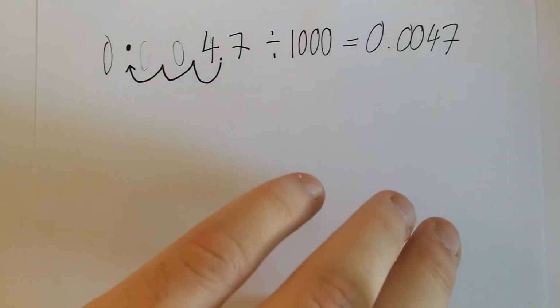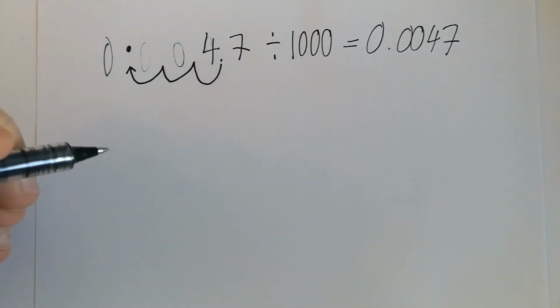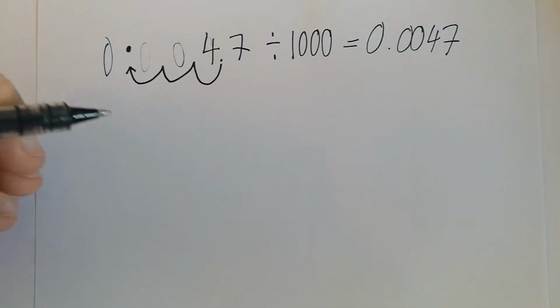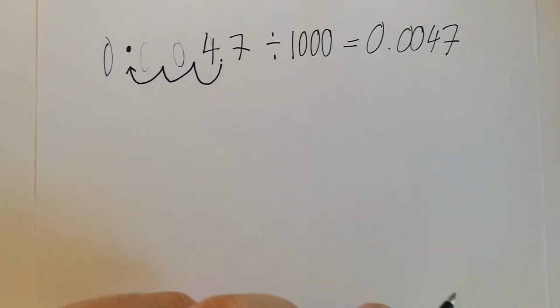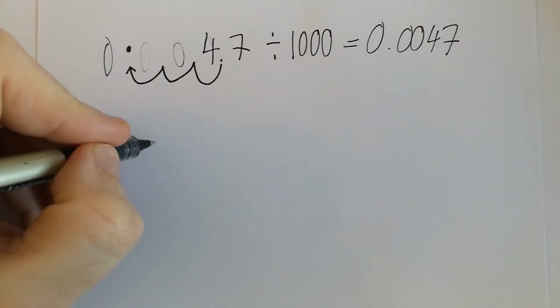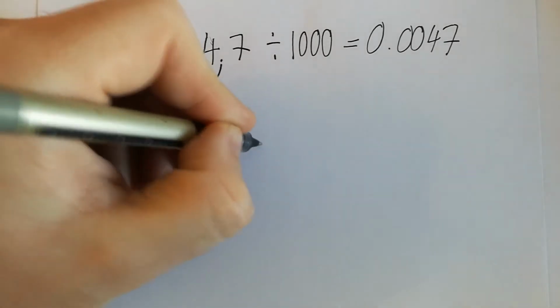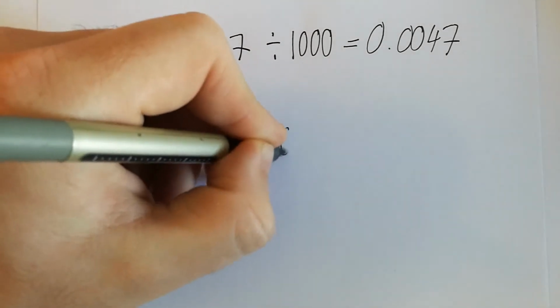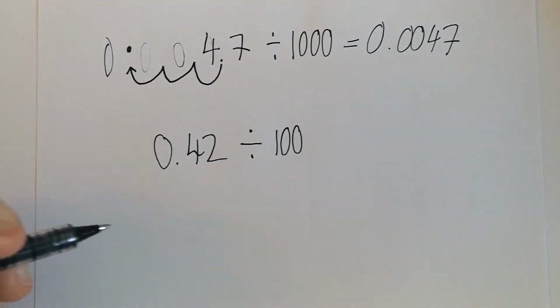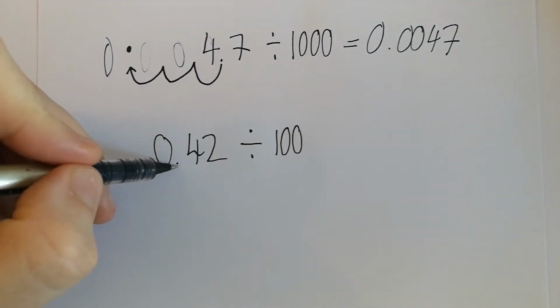Let's have one last go at divides, and I'm going to move on to looking at timesing, which is the same really. It's just moving in the opposite direction. So let's go for 0.42 divided by 100. Well, our decimal point's here. We're going to move it twice.